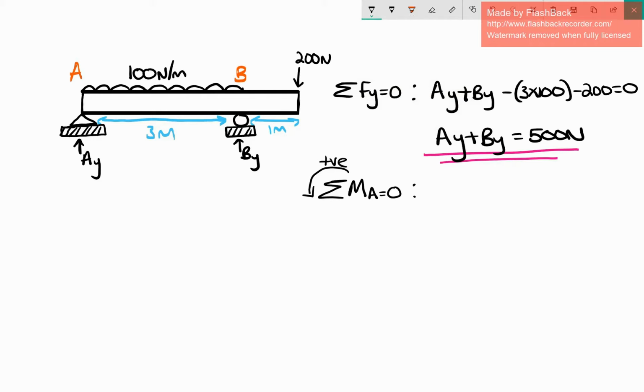So by taking the moments about point A, we're going to get an equation for BY. For 3BY minus, at anti-clockwise, we have 3 times 100 times 1.5, which is acting in the middle between A and B, minus 4 times 200 newtons equal to 0.